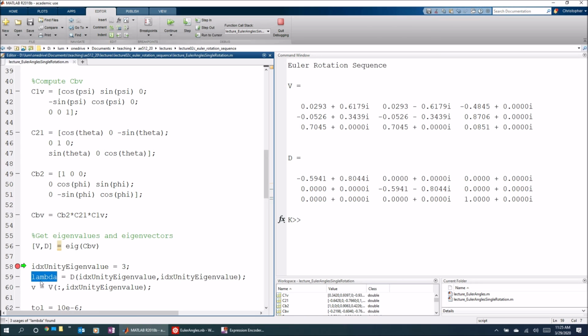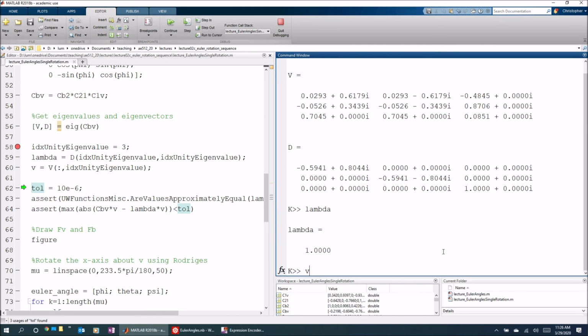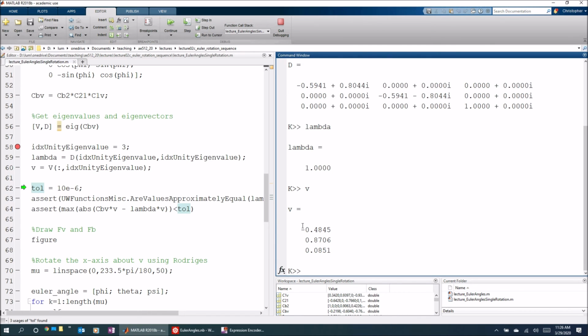That better be a 1, right? Lambda has to be 1, as you can see right here. And V, the vector that we're interested in, is again this third column here. So I'm taking all rows, the third column of the eigenvector matrix. If I just go ahead and step through these, right now we have lambda, which is 1. Yep, and V, which is the eigenvector. So this is the axis of rotation that we just discussed on the whiteboard.